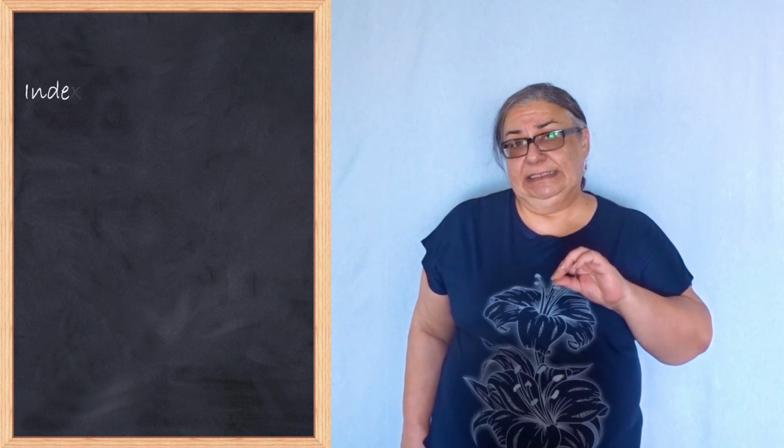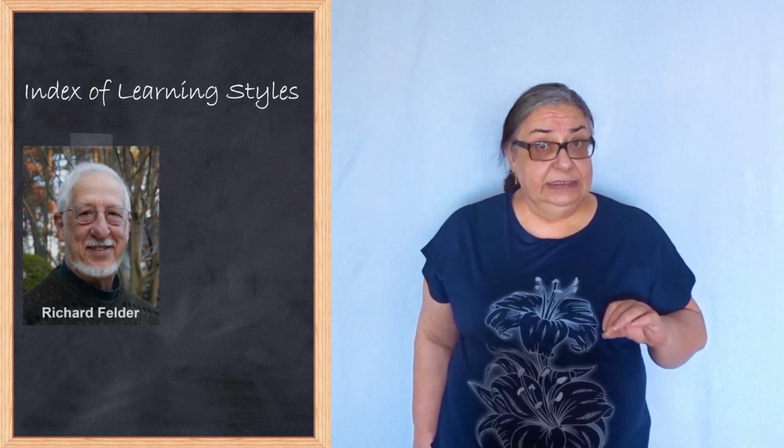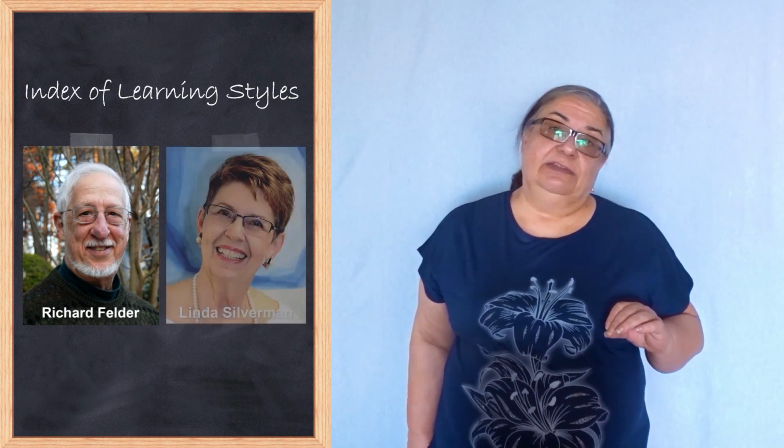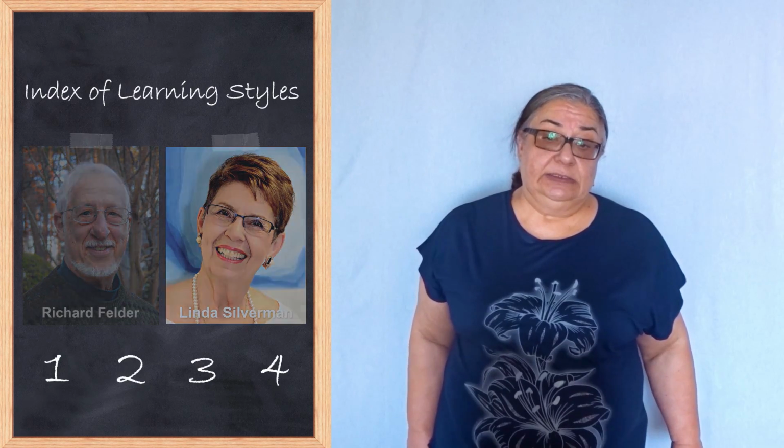Well, after the Myers-Briggs indicator, we see the Index of Learning Styles developed by Richard Felder and Linda Silverman in the late 1980s. This also covers four dimensions of learning styles.